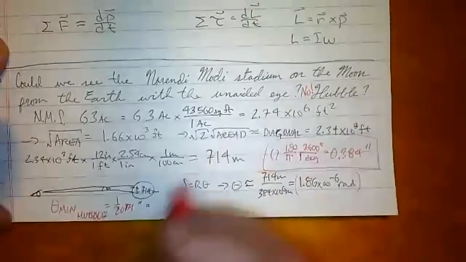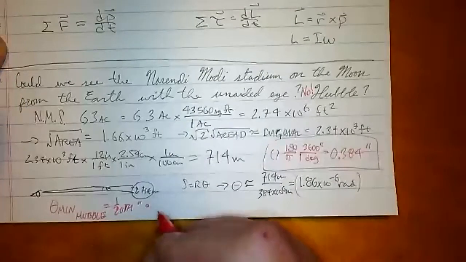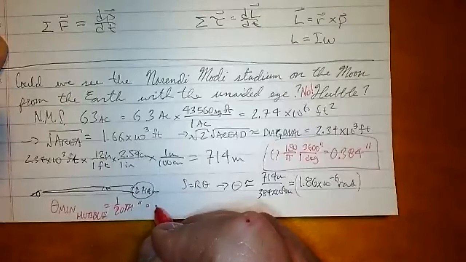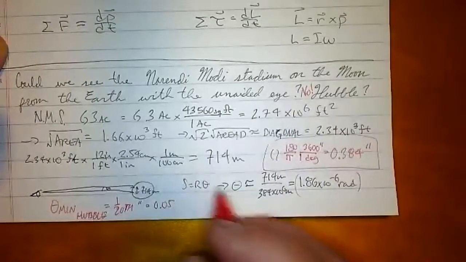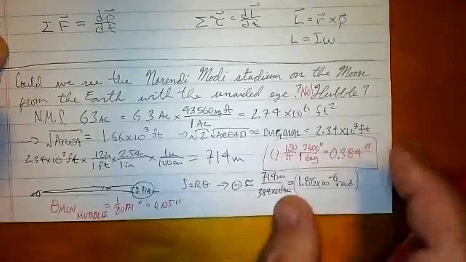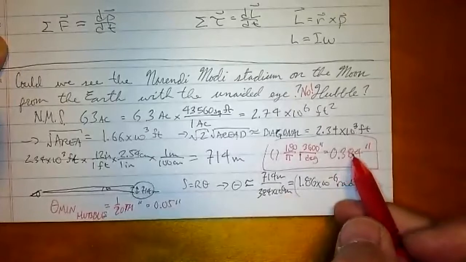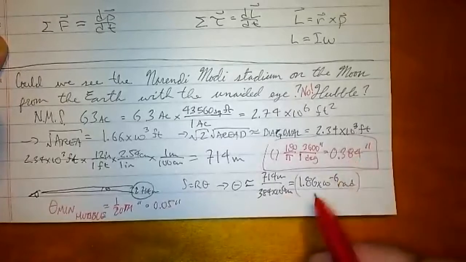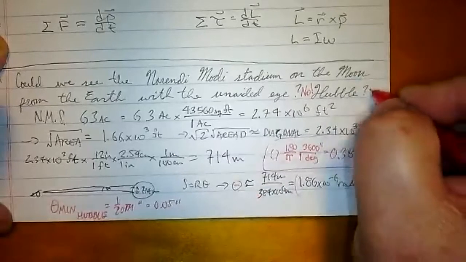So if you multiply this by 5/5, you'll get 5/100. So that's basically 0.05 arc seconds. So yeah, the Hubble could actually see the Narendra Modi Stadium. So Hubble, yes.